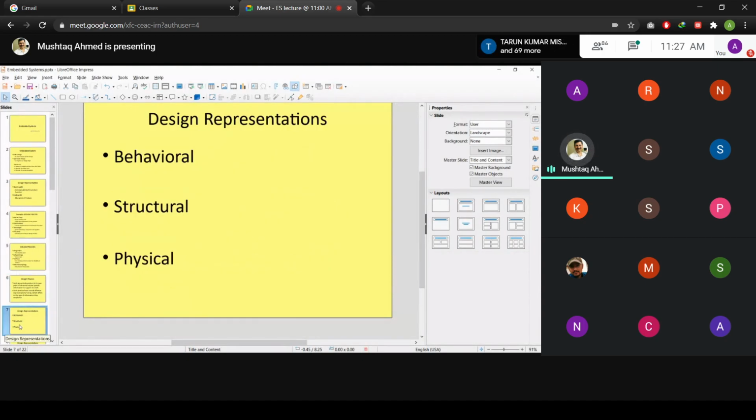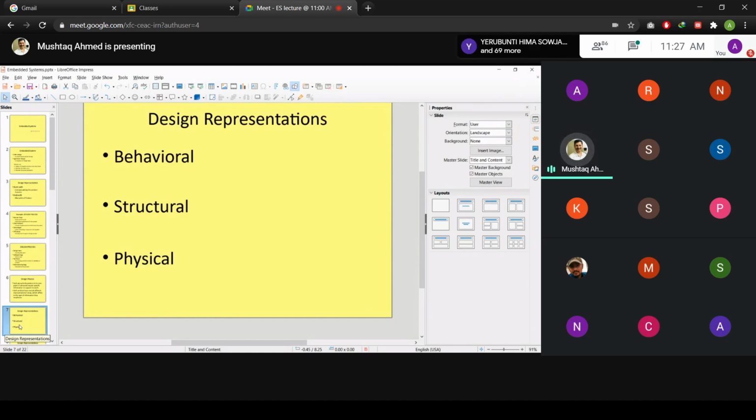So as I said, the design representation has three parts. One is the behavioral, in which we just need to give some input to a black box, and we do not know how that black box would implement it, but we want the output as per our desire, and it should start functioning like that, as given in the behavioral description of that particular device.